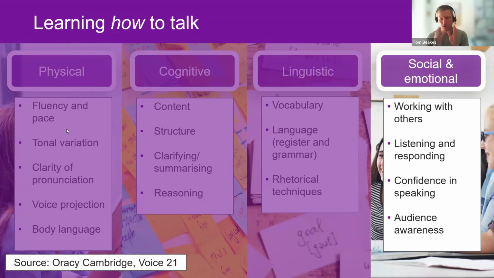And again, I think if we look at this through an international lens, there might be a bit of a cultural bias here, because perhaps these qualities are thought of through a Western lens, but they may not look the same in other cultures. And also audience awareness. So that's just taking into account who you're talking to, who your audience is, and what their level of understanding on a topic might be, for example, and adjusting your communication accordingly.